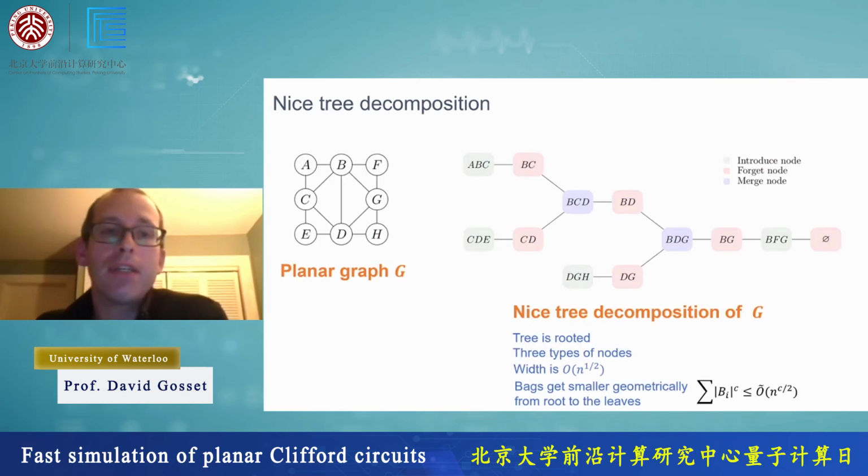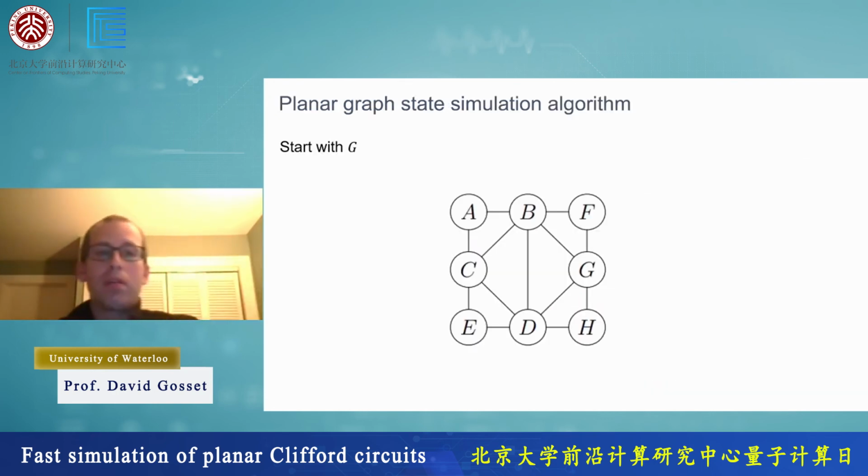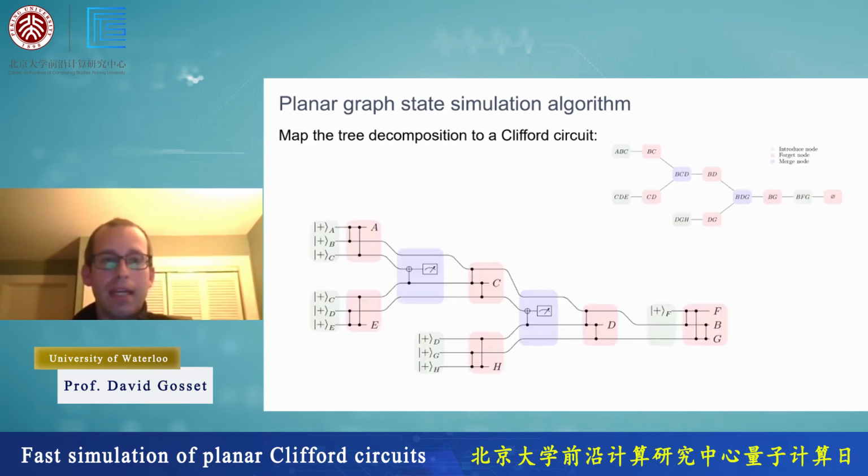Now I have to tell you how we use this nice tree decomposition to simulate the Clifford circuit. You start with the graph, you construct the nice tree decomposition, and then we have a method to replace every bag of the tree decomposition with a little gadget. We can map this tree decomposition to a Clifford circuit in a certain way that I'm not going to fully describe here, but here is an example.